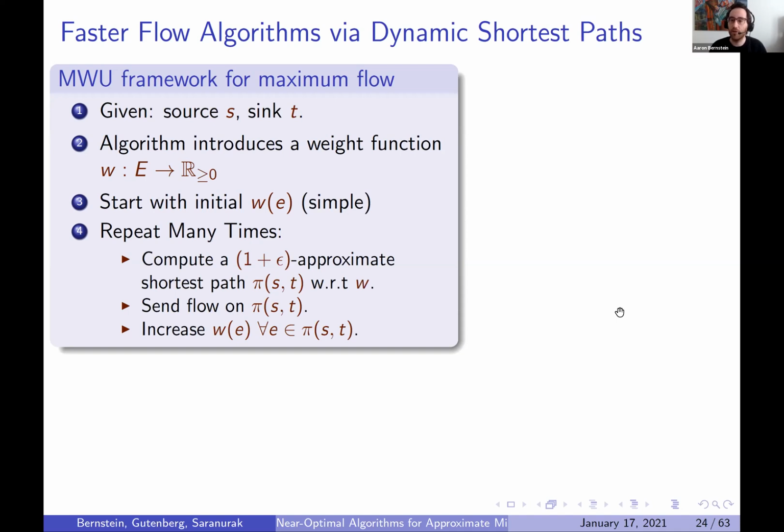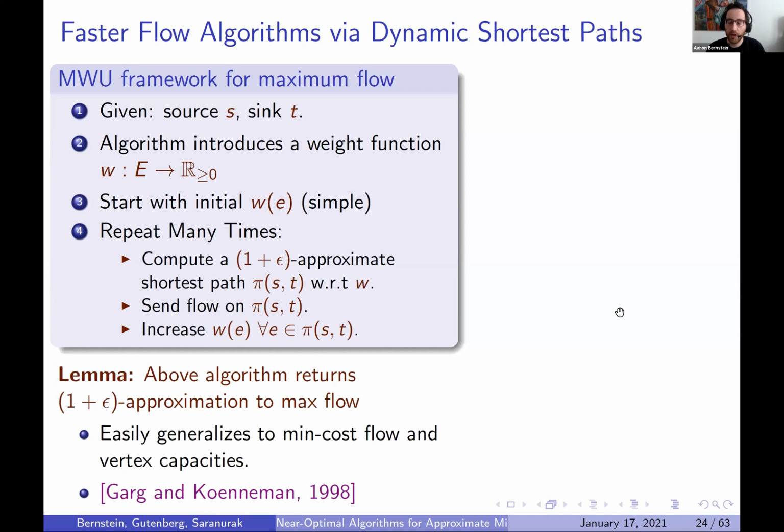That's exactly what this is doing. By increasing the weight on any edge that you use, you discourage the algorithm from using that edge in the future. So the algorithm tends to pick paths that haven't received much flow yet. That is the high level intuition.